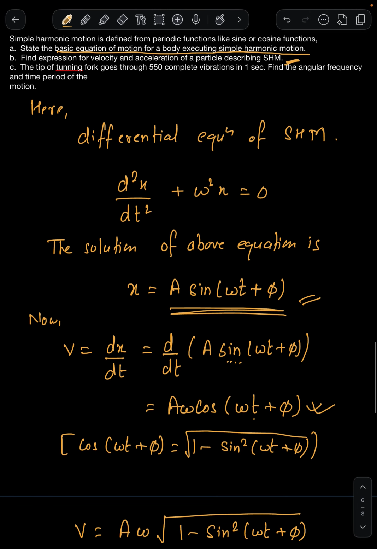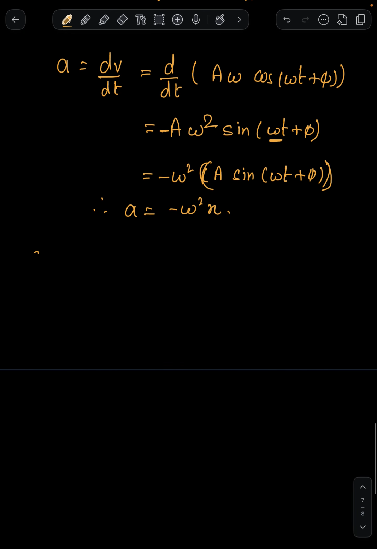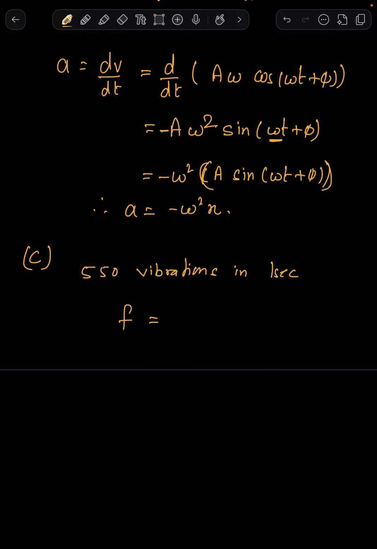Now, third question. The tip of a tuning fork goes through 550 complete vibrations in 1 second. Find the angular frequency, that is omega, and time period T. So this statement, 550 complete vibrations in 1 second, gives a frequency of 550.